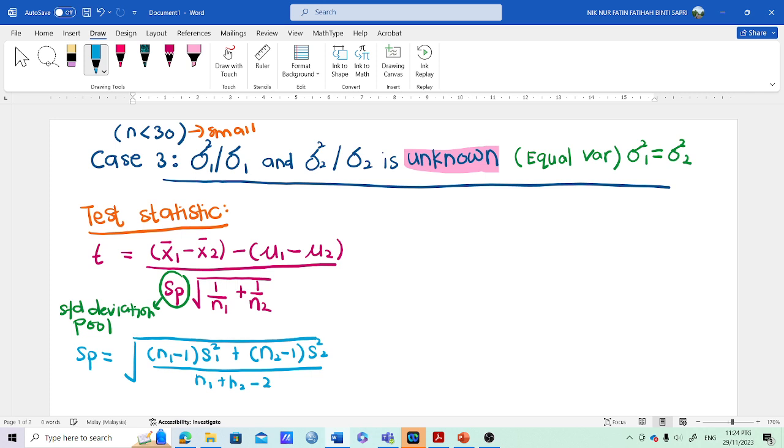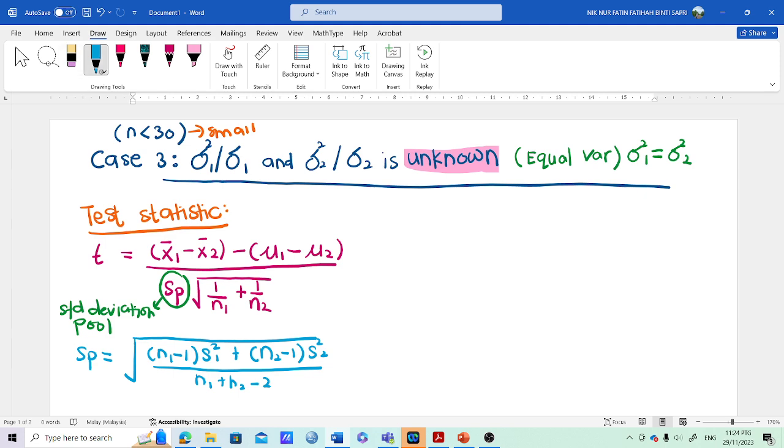So this is the formula for standard deviation pool. For case 3, you need to calculate SP first, and then when you get the value of SP, you can multiply it with the square root of 1 over sample size 1 plus 1 over sample size from group 2.